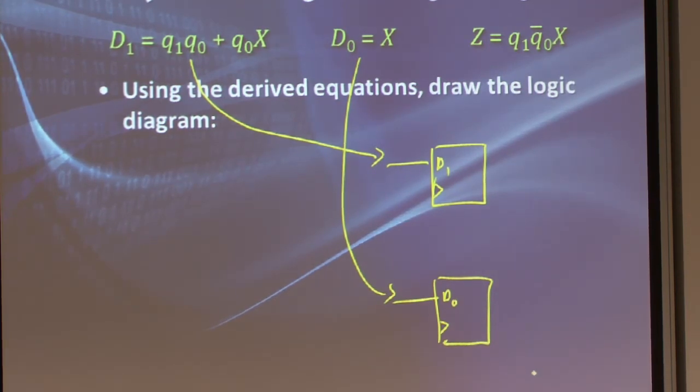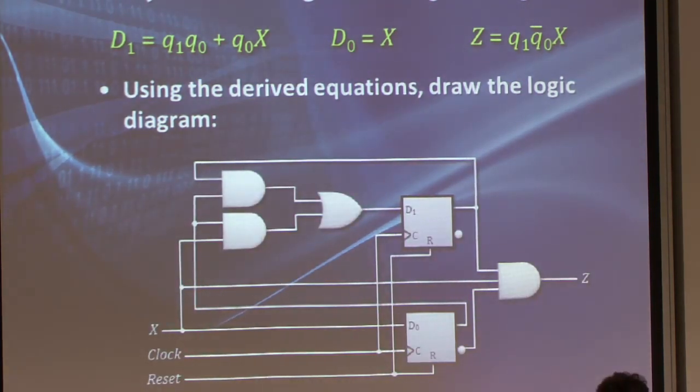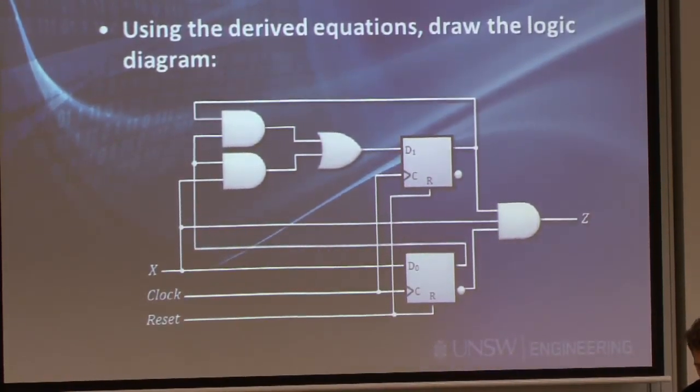And then we're going to have some output Z that will be made of some combinational cloud combined from this. Now because I didn't particularly want to draw a whole circuit now, here's one I prepared earlier. So it's got our 2 D flip-flops, as we said.